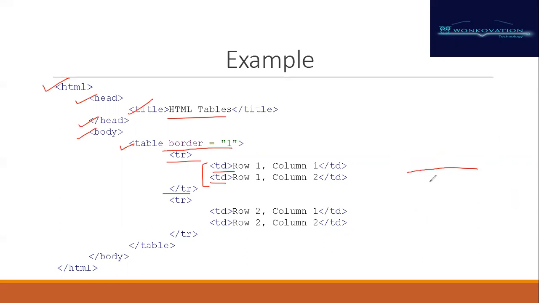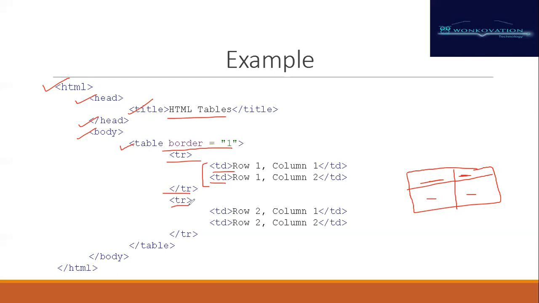So let's suppose you have a table like this, and for the example it is 2 by 2. First row, first column will be this, first row, second column will be this, second row, first column will be this, and second row, second column will be this.